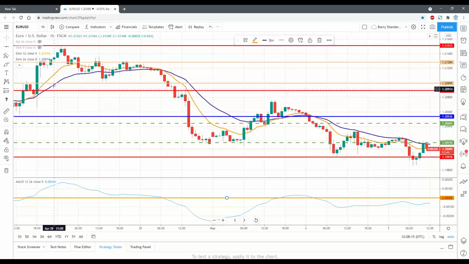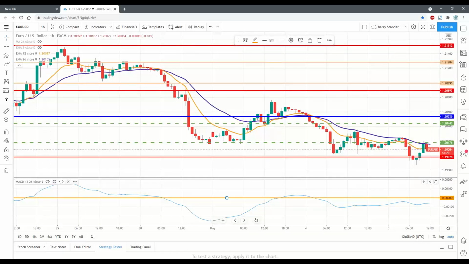The fact is, when the 12-period EMA is above the 26-period EMA, and you subtract one from the other, you're always going to get a positive number. When the markets change and the 12-period EMA is smaller than the 26-period EMA, you're always going to get a negative value. So therefore, down below, we plot everything based on this zero line.